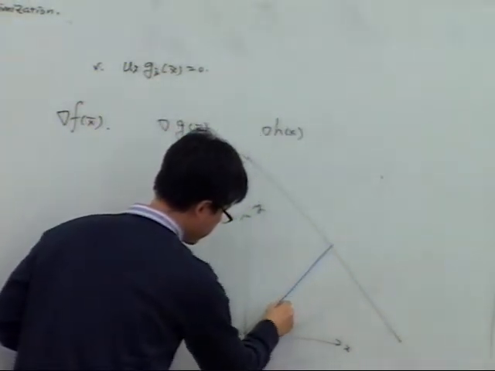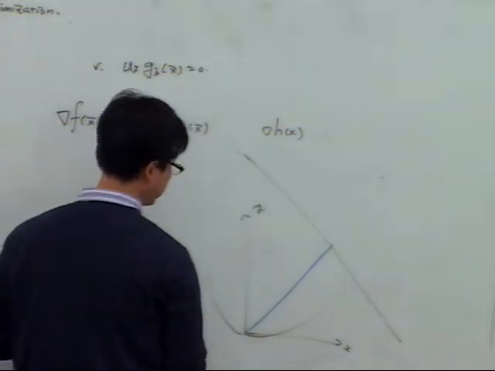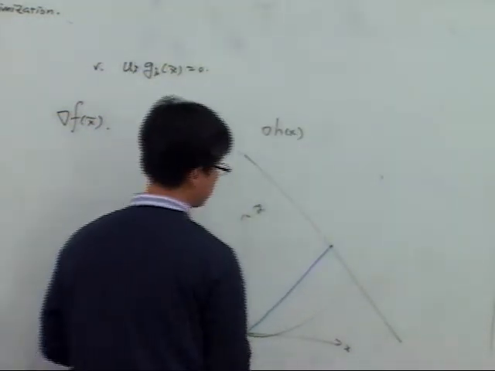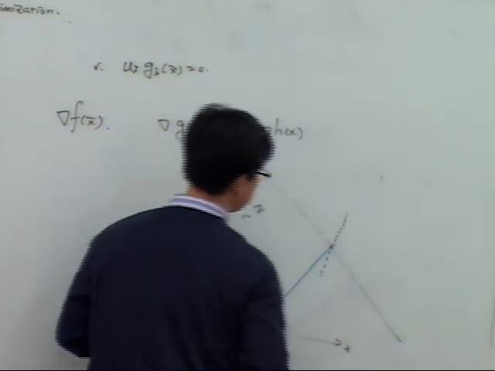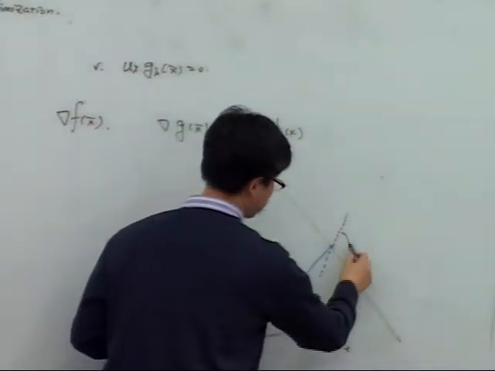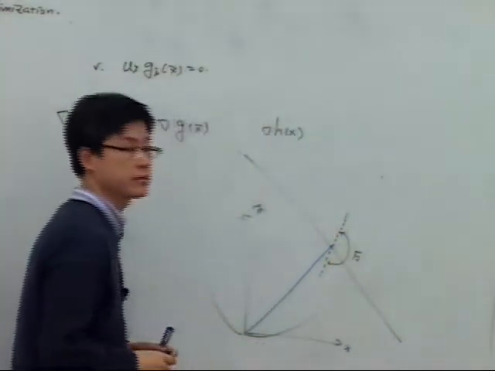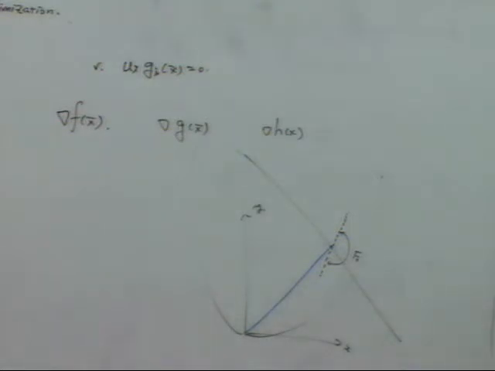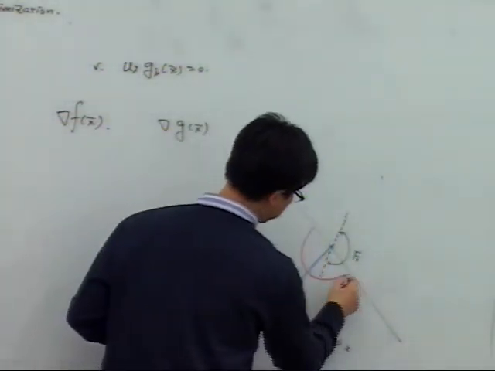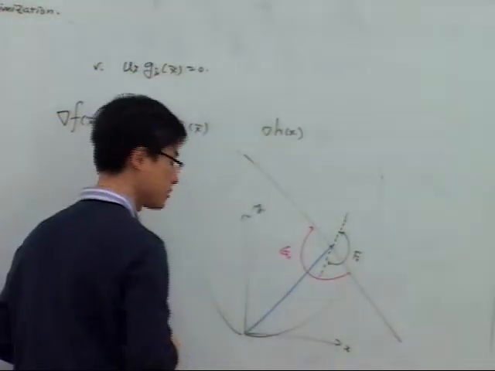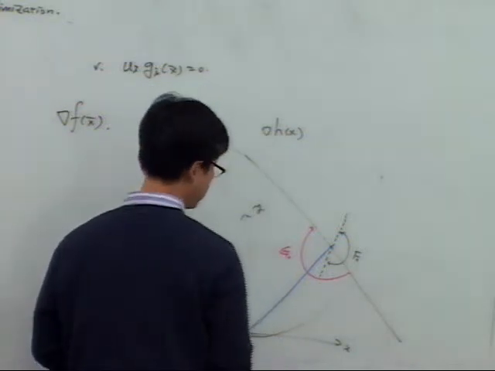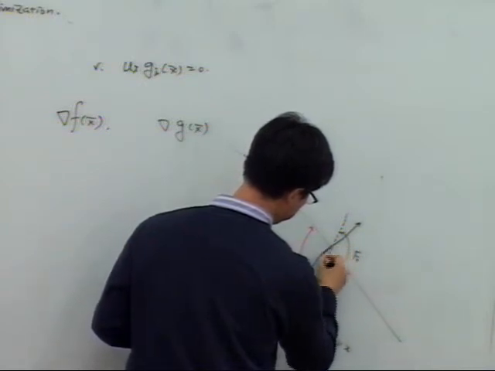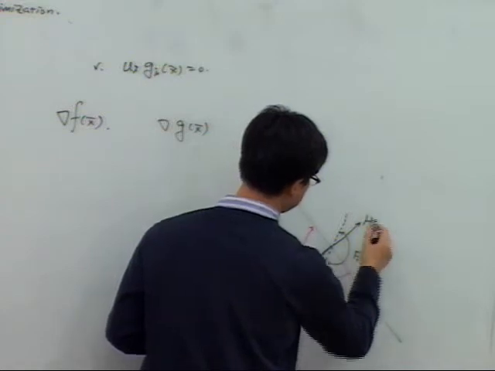our feasible region is here. If you focus on this point, that's the f0 direction, and this is your g sub 0 direction, and these two are your h sub 0 direction.